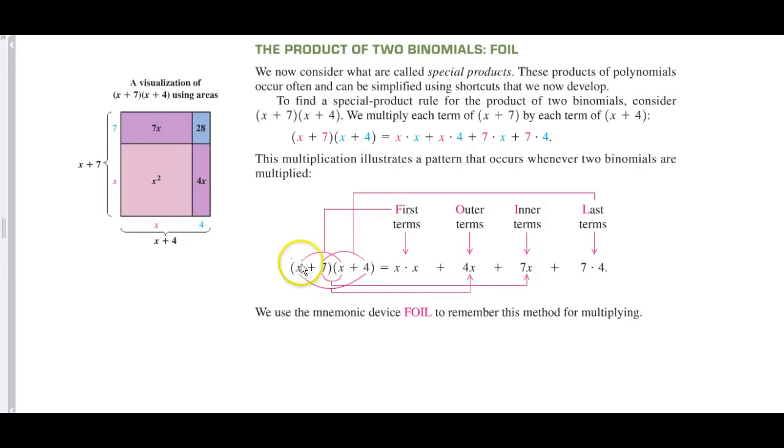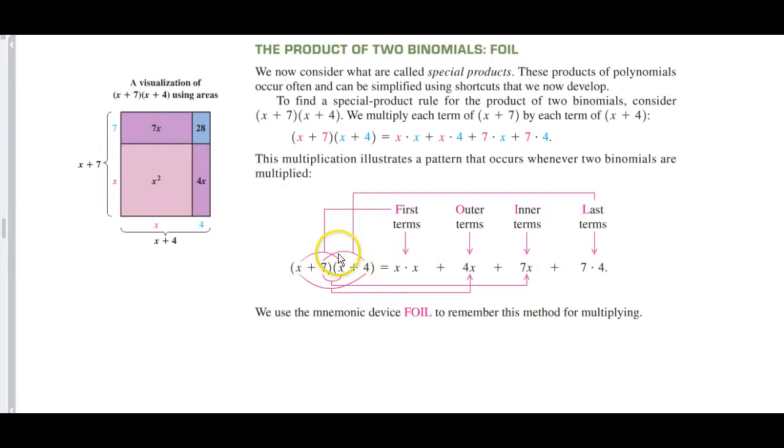That's the F. You multiply them. Then the O refers to the first and last, that is the outers. Then the I for the inners. And then the last would be the second member of each binomial.